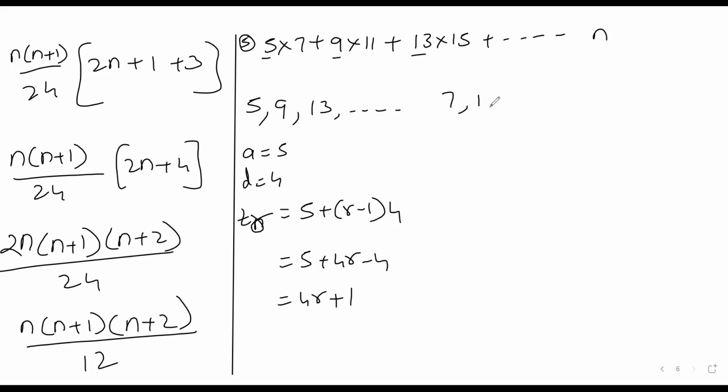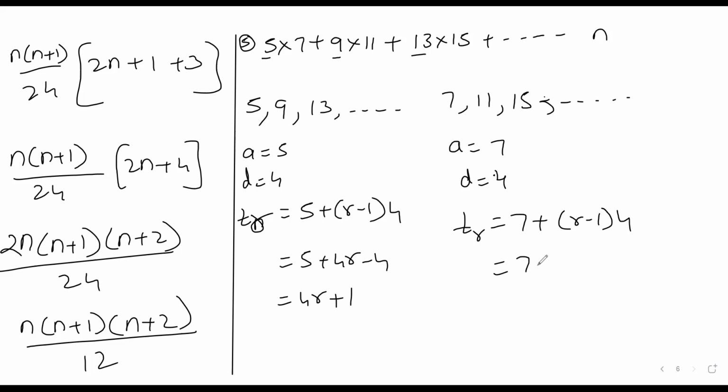Then it is 7, 11, 15, and so on. A is 7, D is again 4. So Tr is 7 plus r minus 1, 4. 7 plus 4r minus 4. It was 4r plus 3.